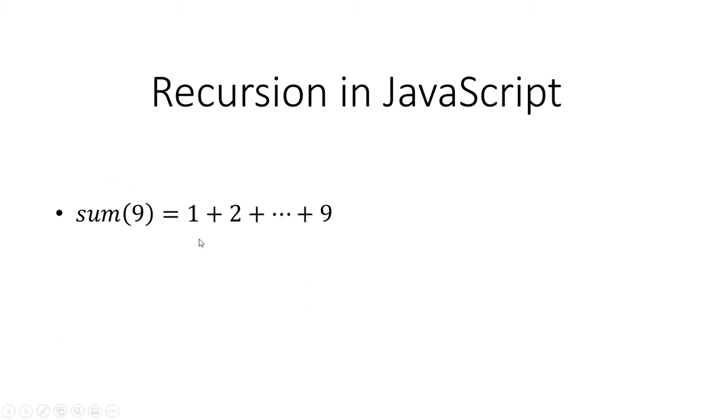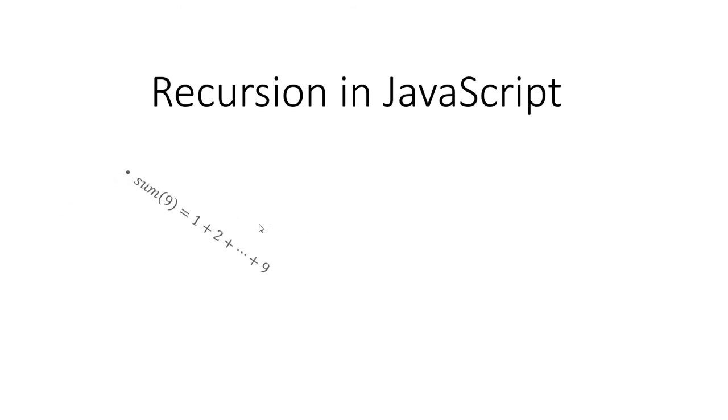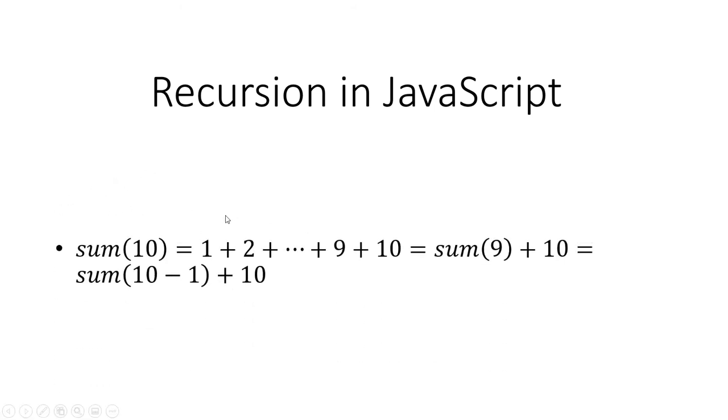So if we compute the first 9 numbers, we simply give it a function, say sum, with the parameter 9, meaning that we want to add 1 all the way to 9. So sum 9 is 1 plus 2 plus 3 all the way to 9, and sum 4, for example, is 1 plus 2 plus 3 plus 4. So sum 10 is going to be 1 plus 2 all the way to 10.